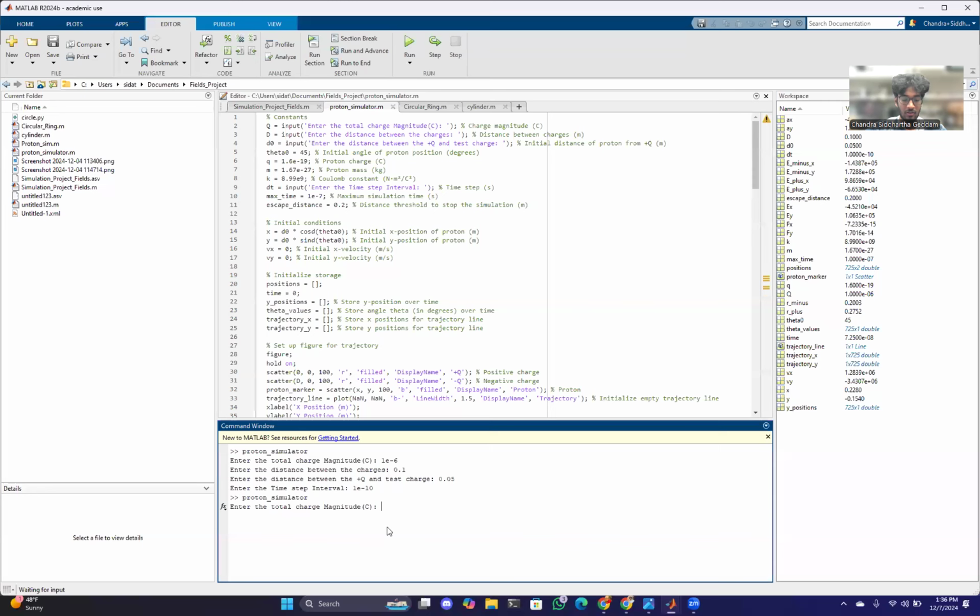Let me put -10 to the power -6. Okay, my bad. To the power -6, and the distance remains the same, 10 centimeters apart, and let's say 5 centimeters here. And then each time interval is 10 to the power -10.